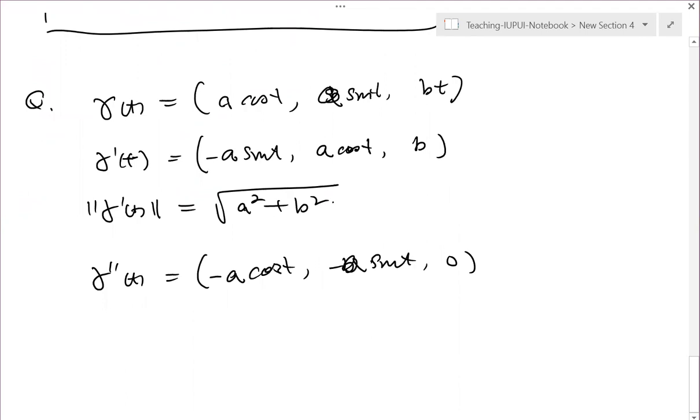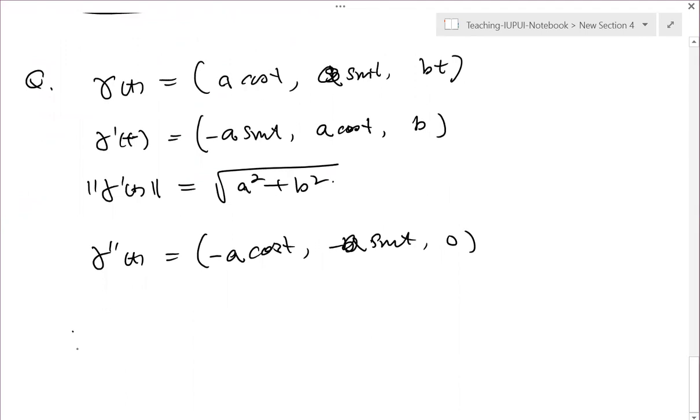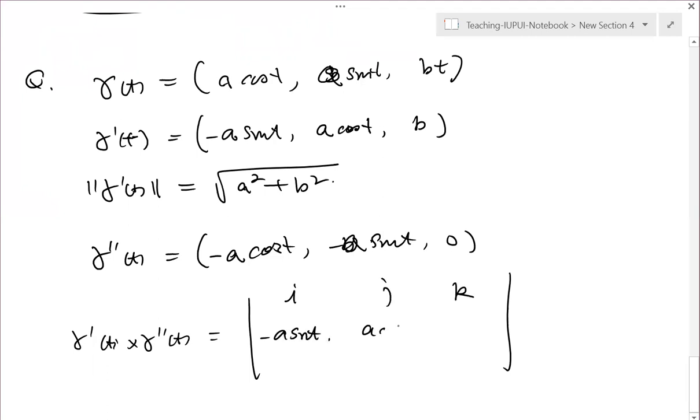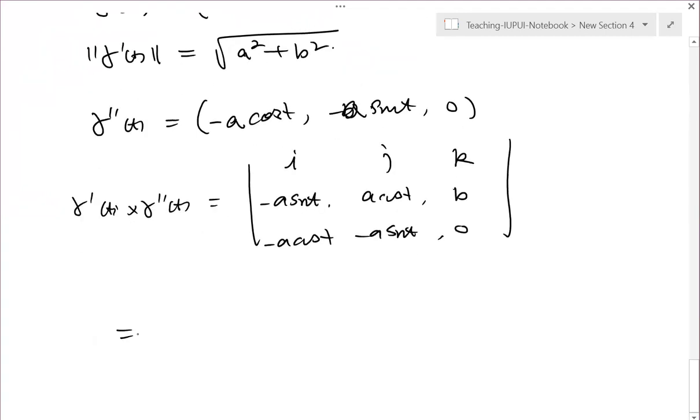Now I have to do the cross product. I hope you remember how to do the cross product. It's i, j, k, and negative a sine t, a cosine t, and b, and negative a cosine t, negative a sine t, and 0. Let's do the computation.